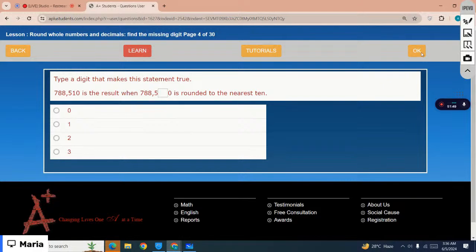The correct option is 1, right? The missing number is 1.